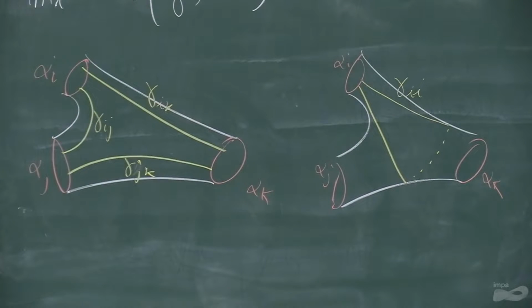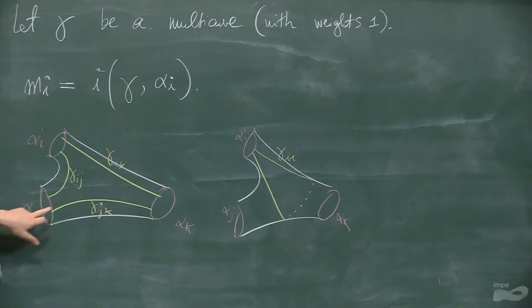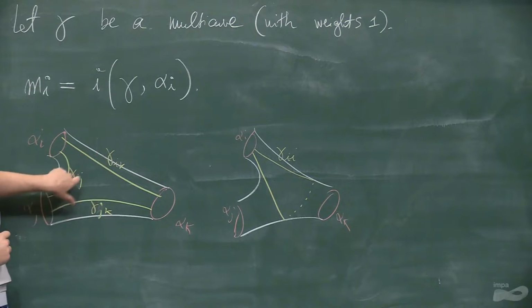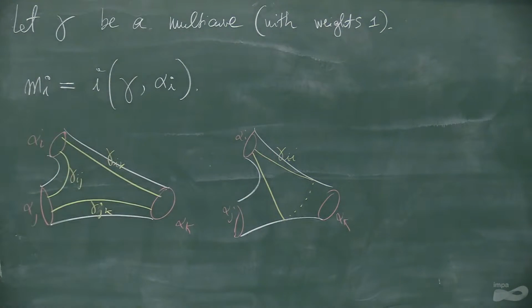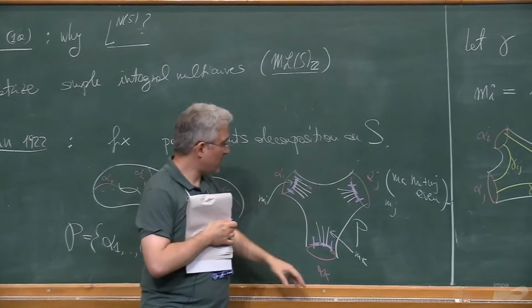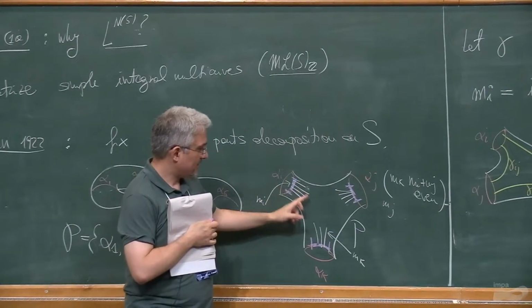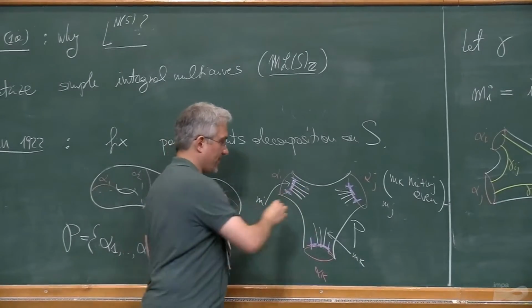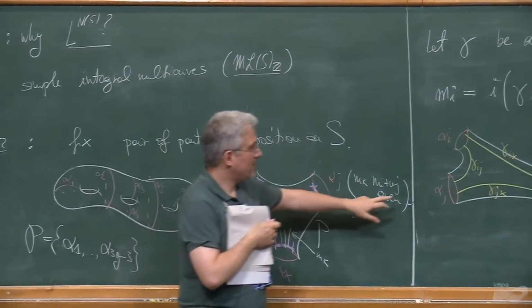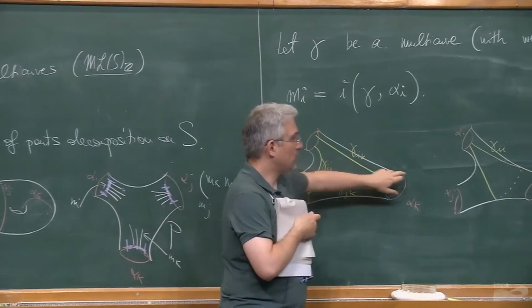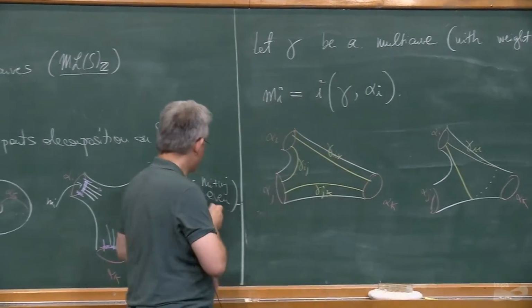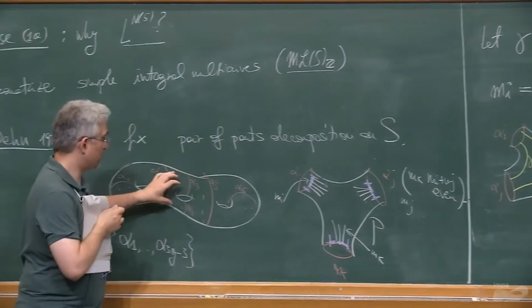So each of these is isotopic to any one of these three types. And once you have this mi and mj, you can canonically realize, so connect this in such a way that each of them looks like in this.